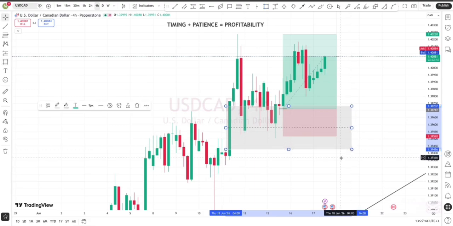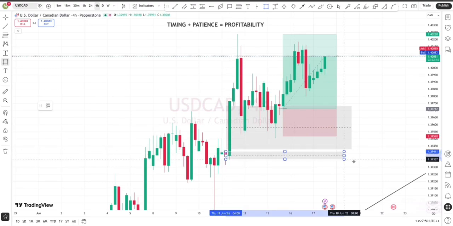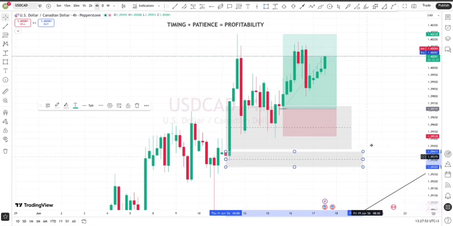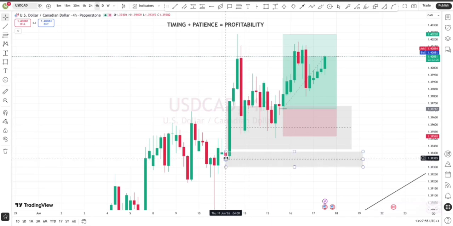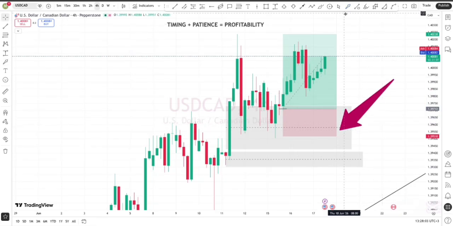So apart from this fair value gap, there is also an order block down here, right? Now if in any case I wanted to take this trade, what I was doing is trying to check whatever the market would be doing upon approaching these two levels. The first level is this, and the second level is this one here.